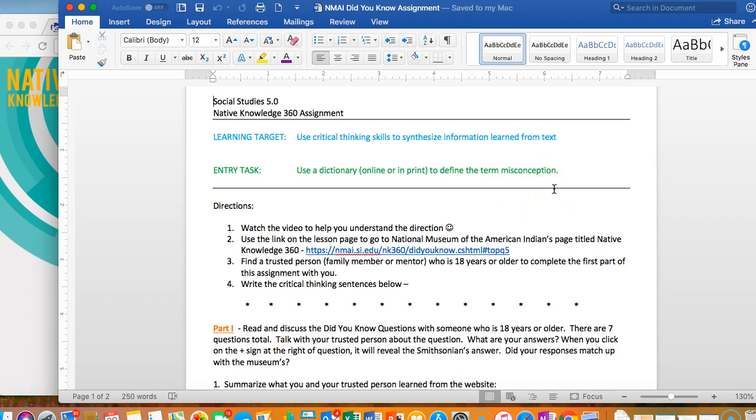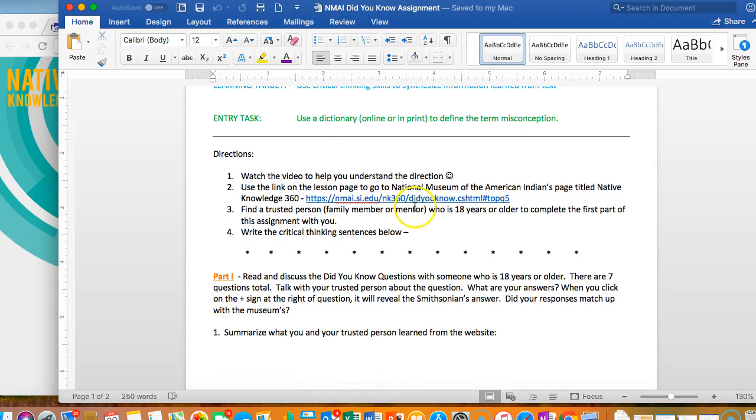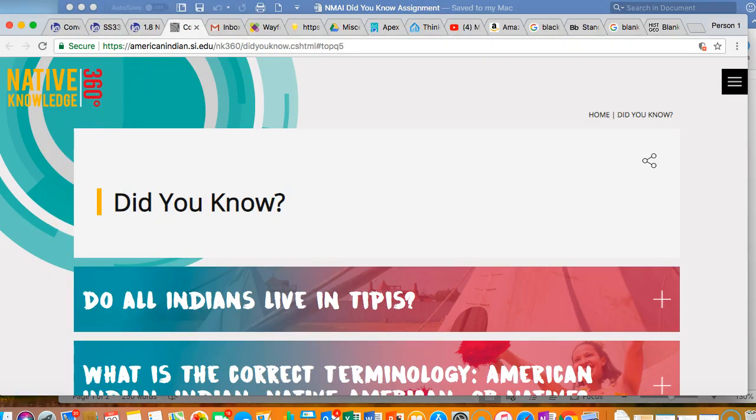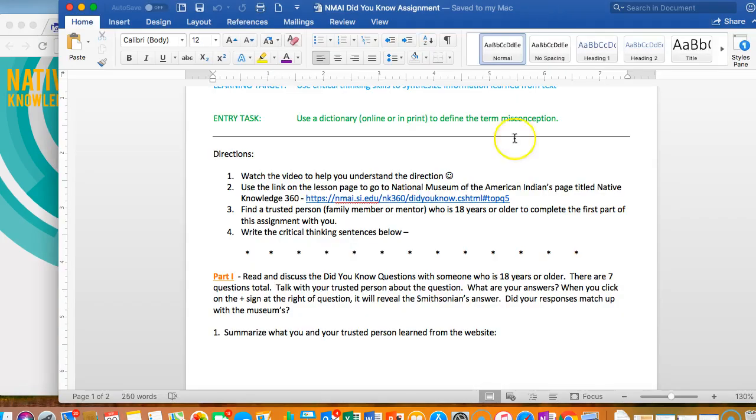Or if you have an actual printed dictionary, you can look up the word misconception. And then you are just going to write the definition right here, okay? All right, so the directions. You are doing really well on the assignment right now if you are watching the video, because that's number one. And if you have this page pulled up, you are already doing number two.